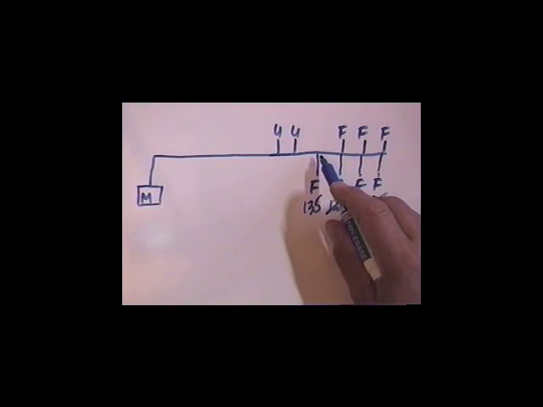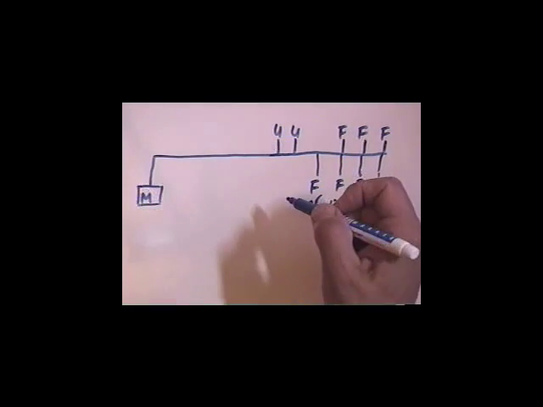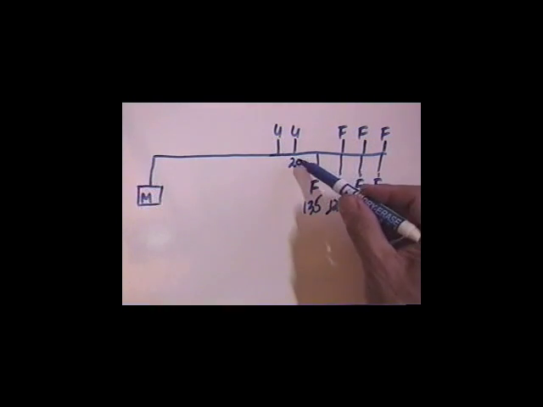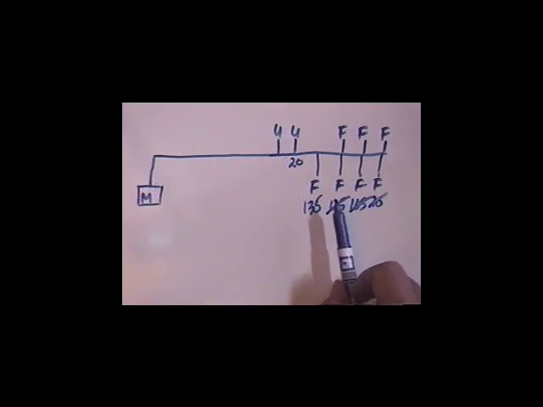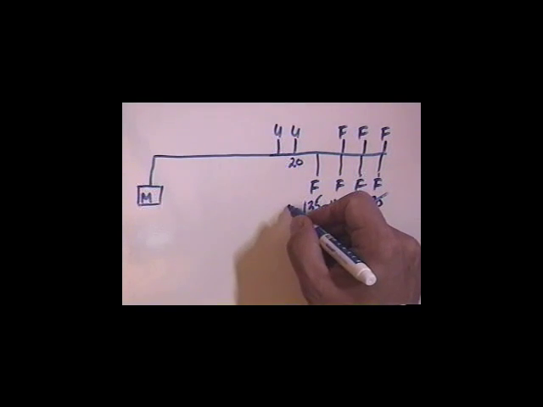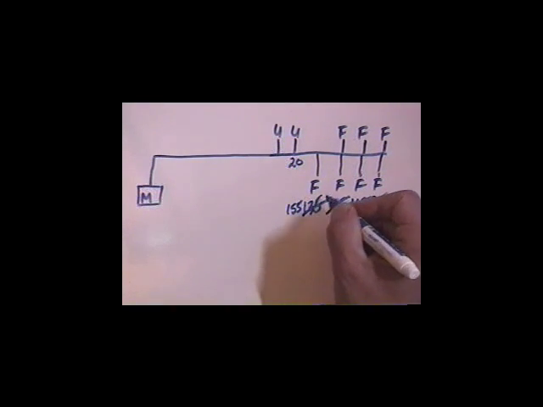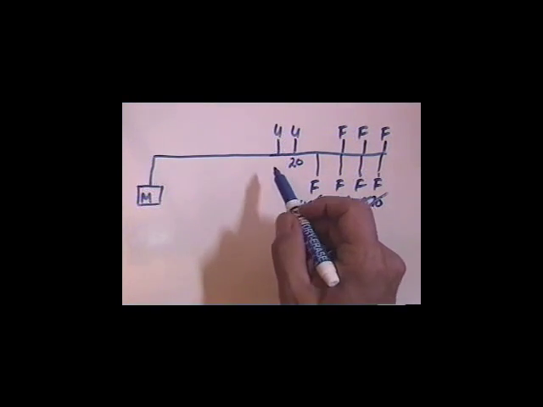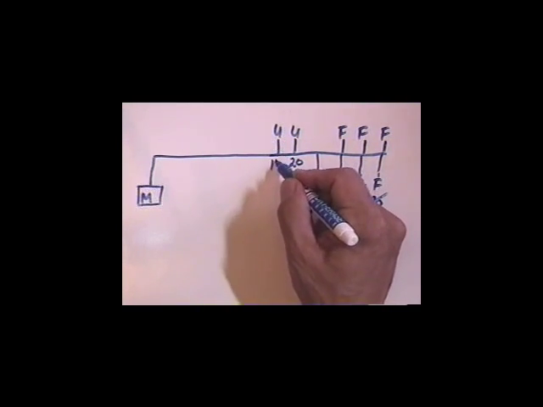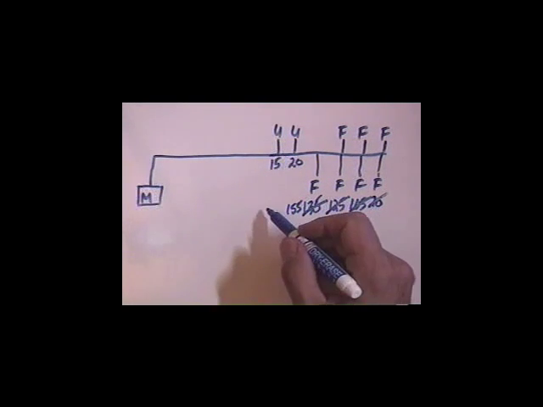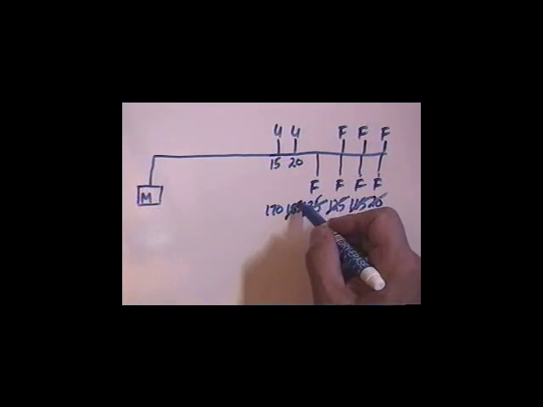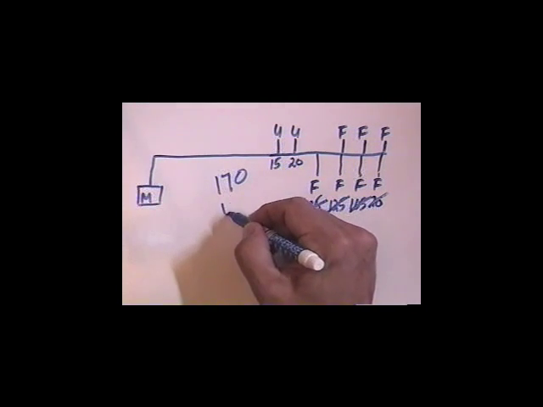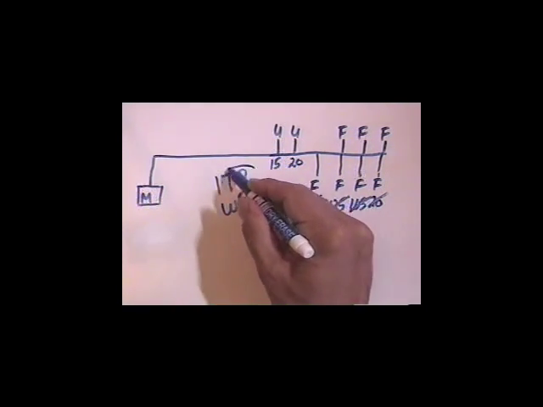Now my urinals, now watch, the first one is worth 20. So my total water fixture units here now would be 155. And then I would need 15 more if I go into my urinal flushometer. This would be 15, so I would have 170 total. So this system then would have 170 WFU total.